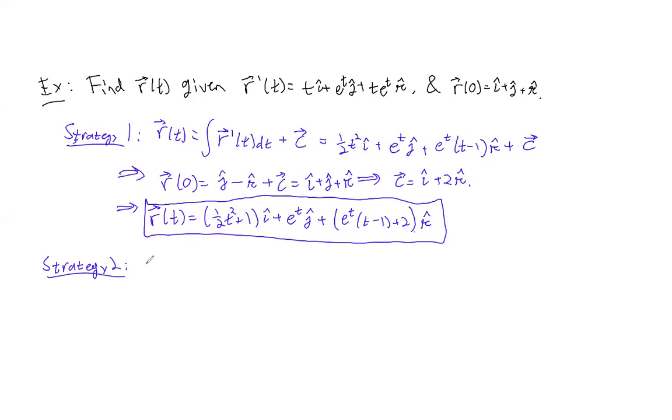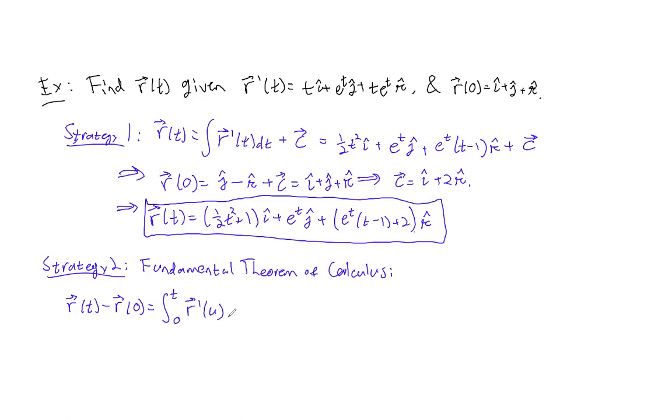We can use the fact that, by the fundamental theorem of calculus, that old friend, r of t minus r of 0 is the integral from 0 to t of, I have to make up a different letter in this case, r prime of u du. I can't use t again because t is already in the limit of integration.